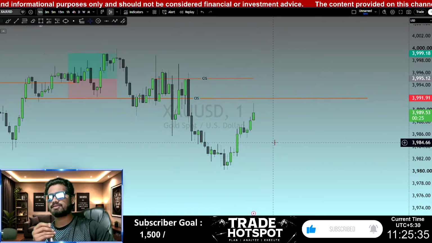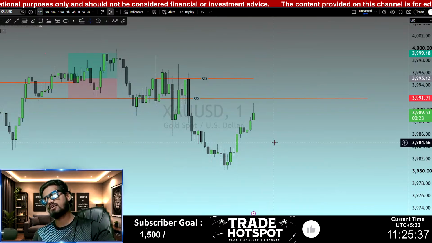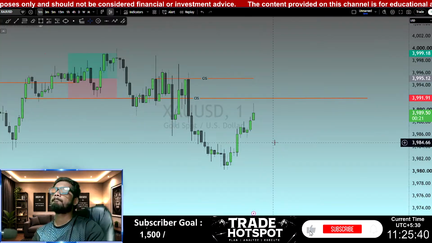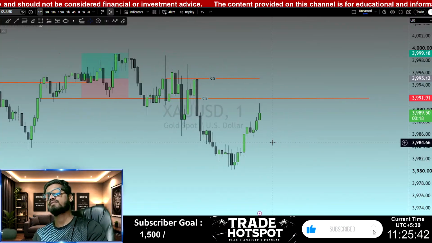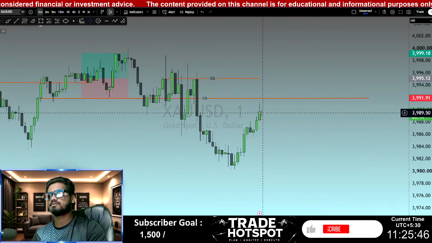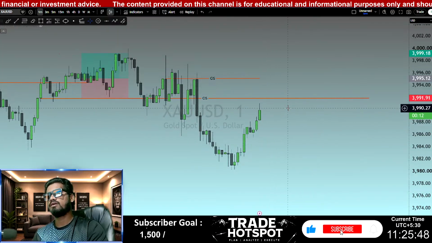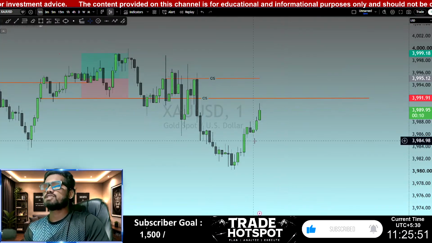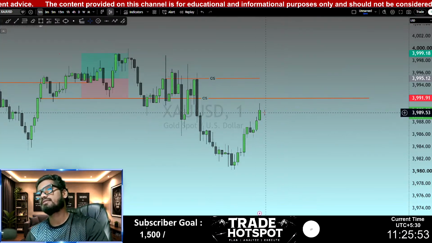Please don't make an entry here. This is not the right entry. We can check confirmation, change in state or liquidity sweep at this area, and then you can enter.